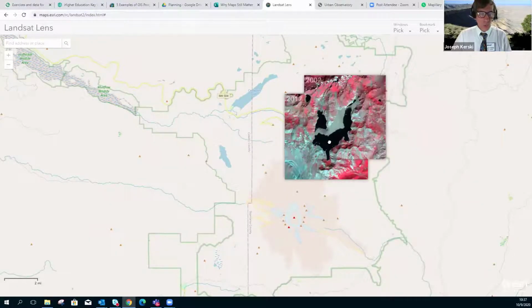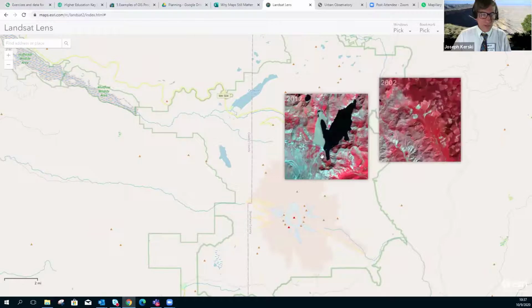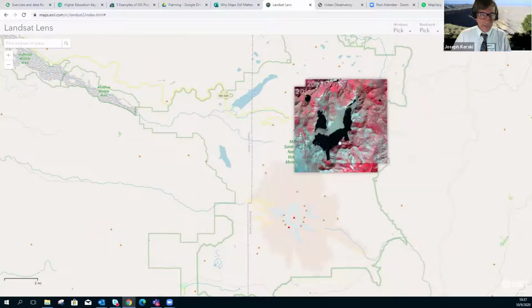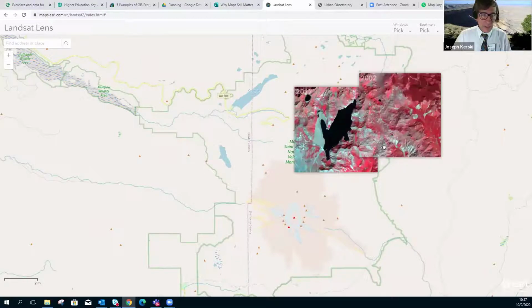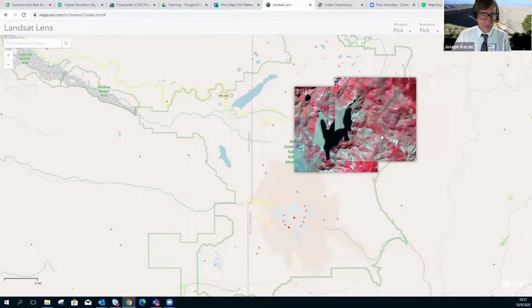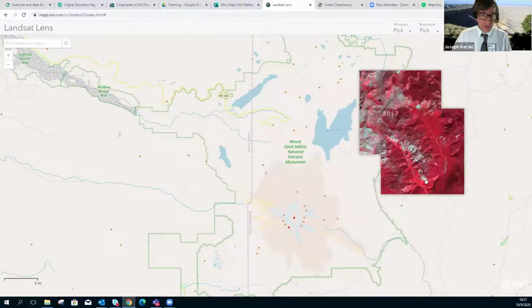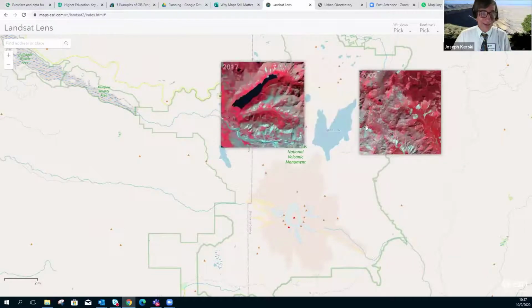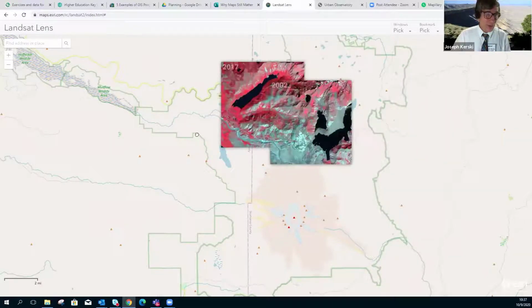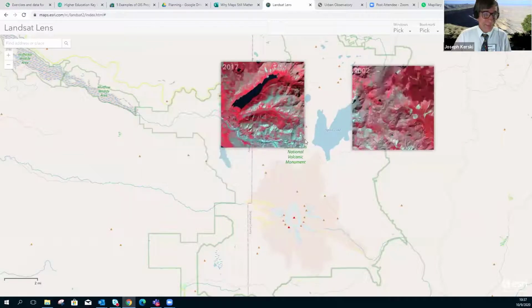And I'm looking at even 2002 versus 2017. It looks like in Spirit Lake, for example, it's a 15-year period, and you can even see the differences in the lake level, as well as in the vegetation and how it's regrowing with that wonderful abundant moisture that you've got in the Pacific Northwest.